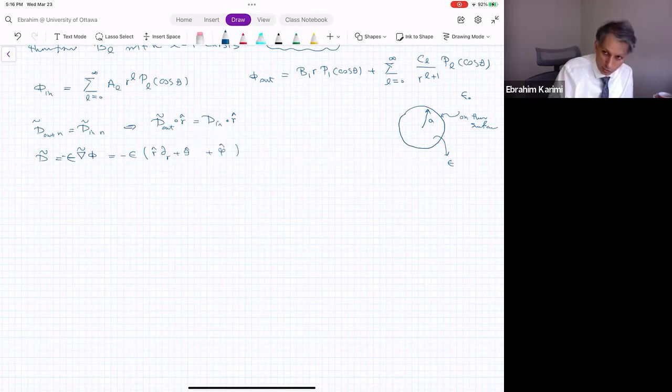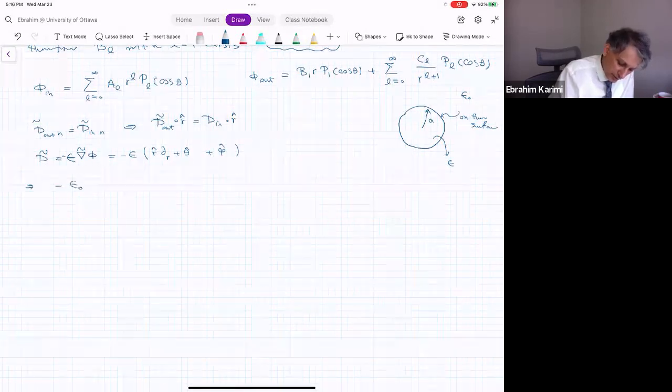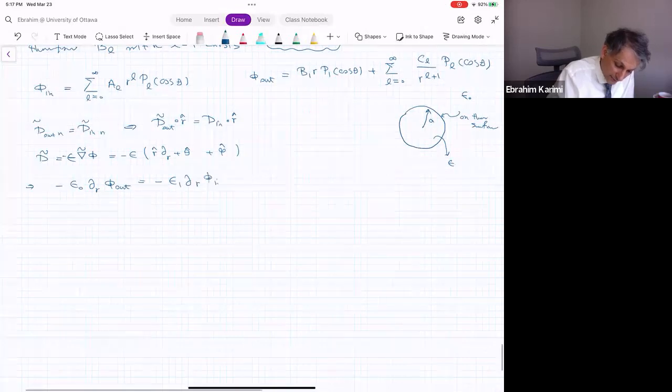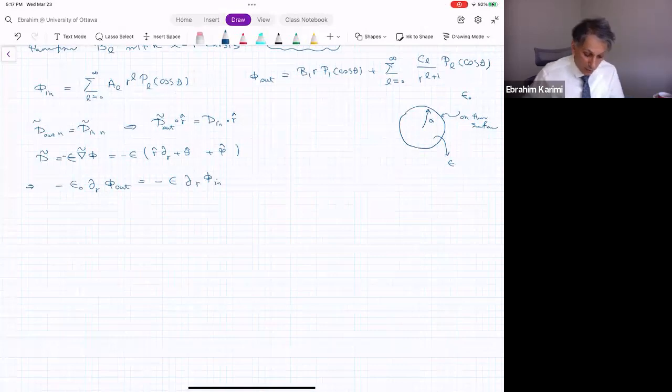Those are orthogonal to r hat, so the only term that remains will be minus epsilon 0 derivative with respect to r of phi out is equal to minus epsilon 1 derivative with respect to r of phi in. Okay, is that correct?